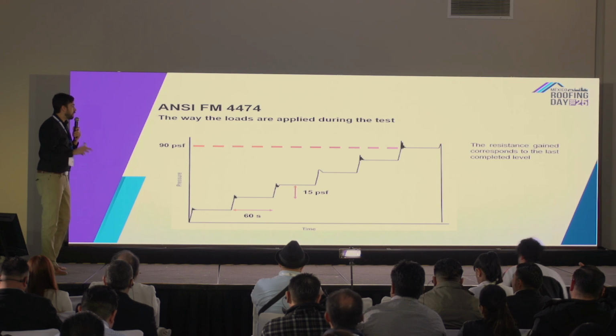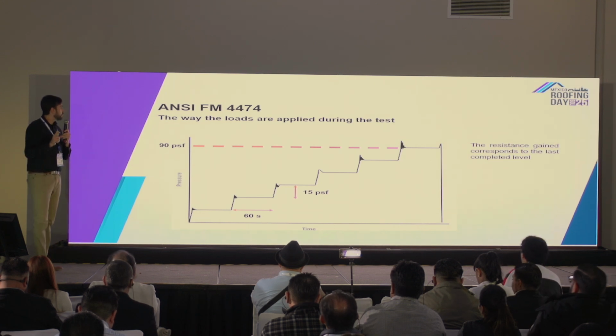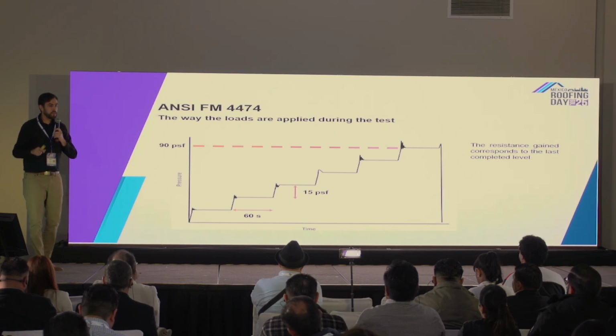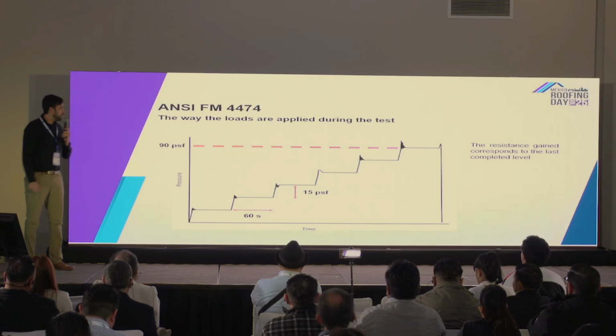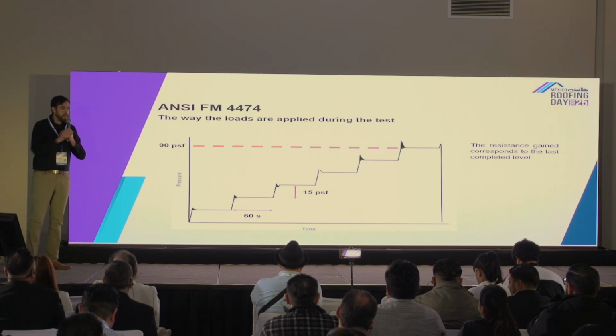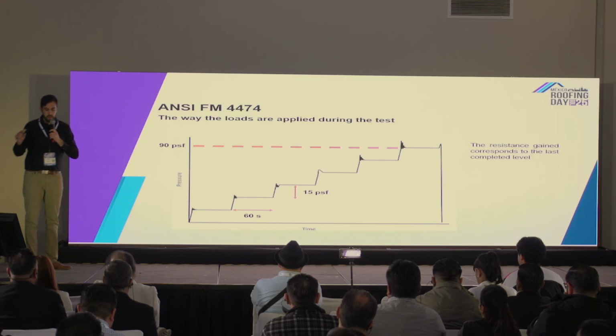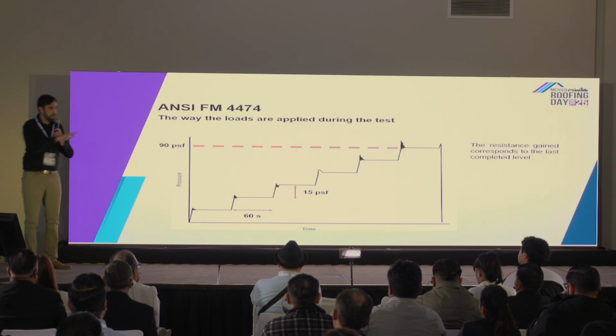So you see the 3 tests, but they are all performed the same way. So FM is called a static test. It means that you're providing a wind gust that is stable or flat.